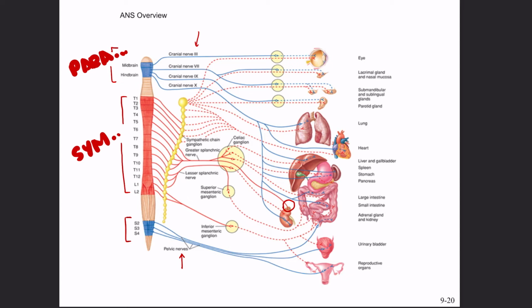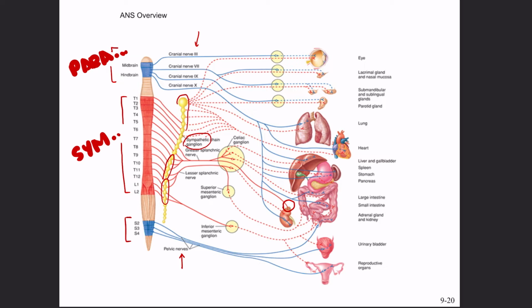But one big thing to notice about the parasympathetic division versus the sympathetic division: we talked about with the sympathetic division how there is the sympathetic chain ganglion here. And then as we get lower, these are the collateral ganglia that are innervating the abdominal regions.